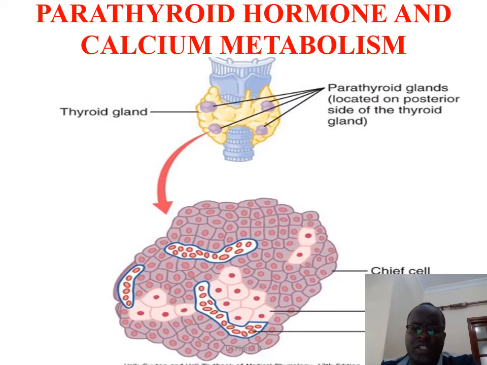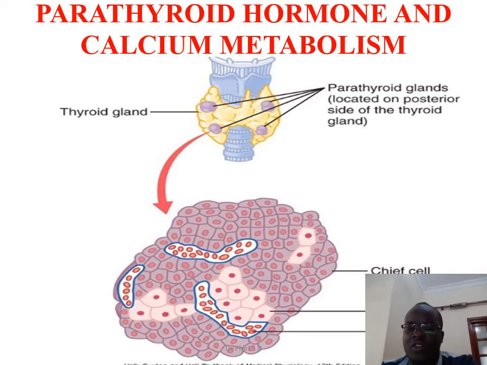If you take a cross-section of the parathyroid gland, you appreciate that hormones are produced mainly by the chief cells. You can see a lot of these chief cells shown here. They produce a lot of parathyroid hormone, which is why they are called chief cells. Then we have another type of cells, the oxyphil cells, which also produce some other substances whose function is not well known.